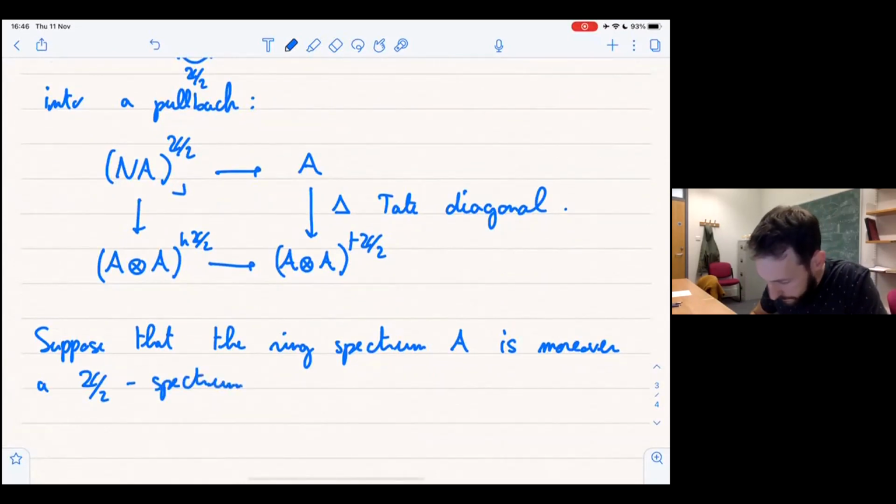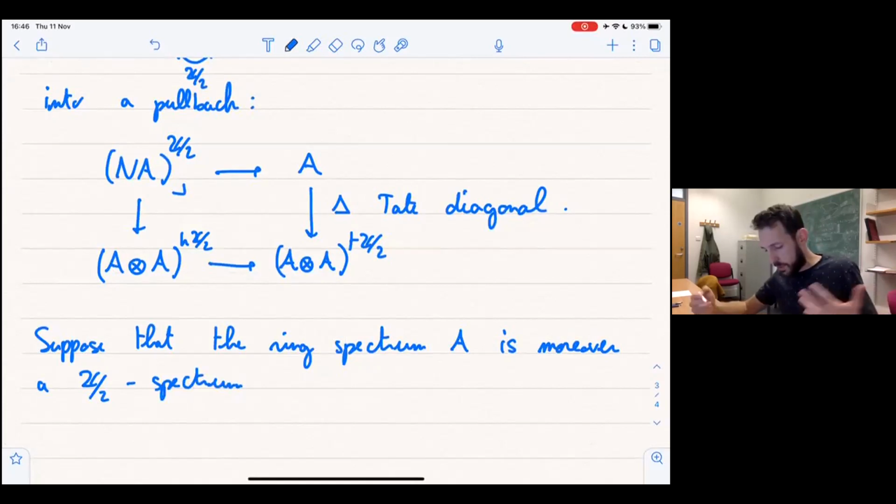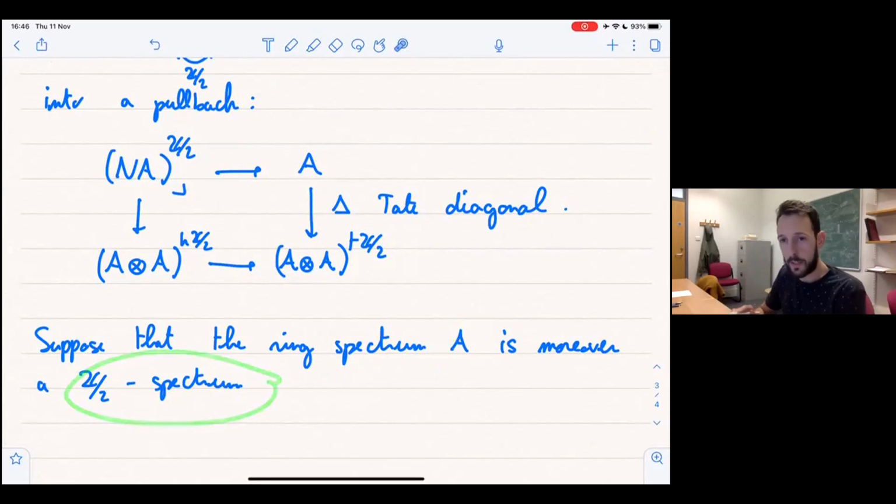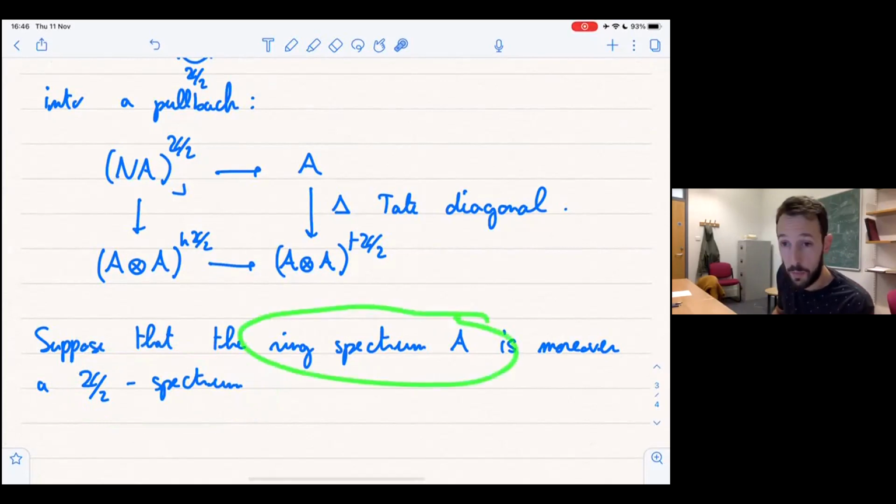So it has a Z-mod2 action and some notion of genuine fixed points attached to it. And then we need to say how the multiplication, so being a Z-mod2 spectrum has nothing to do with the multiplication. Now we need to somehow give some compatibility or some extra structure that links together the Z-mod2 structure of this Z-mod2 spectrum and the multiplication of A.